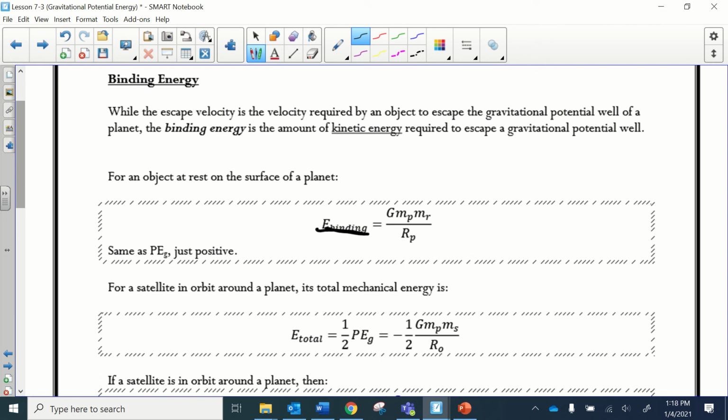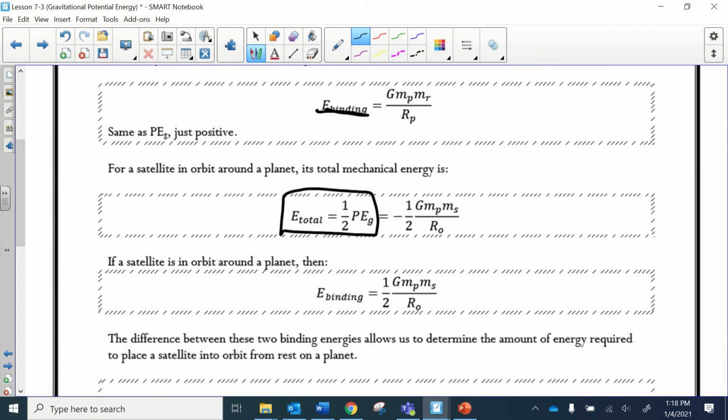For a satellite in orbit around a planet, its total mechanical energy is this. I was thinking for a long time why it's just half of the gravitational potential energy. I think it's because if we're only talking about the satellite, we're only looking at half of its energy.